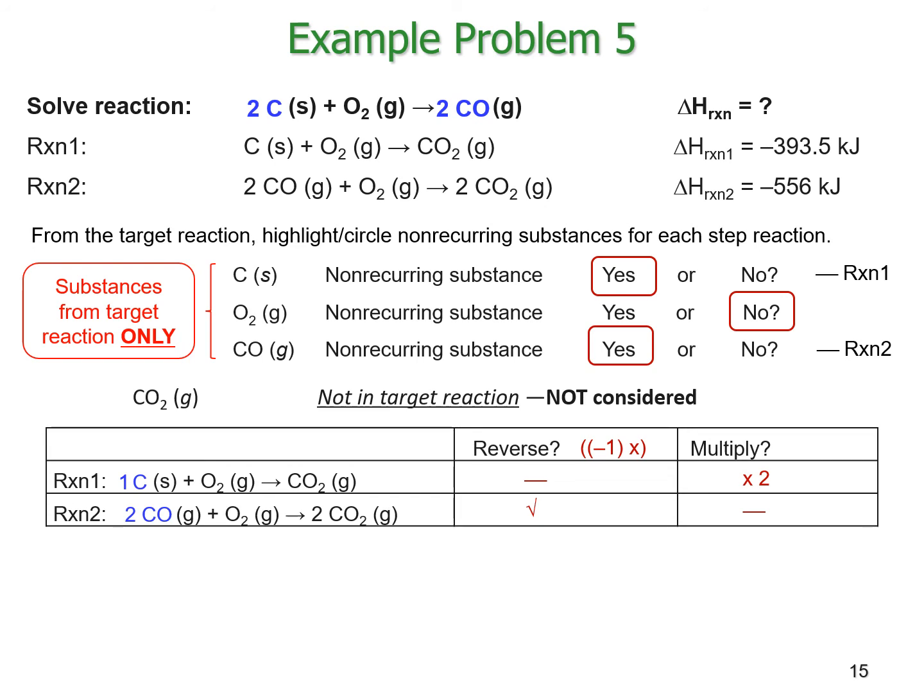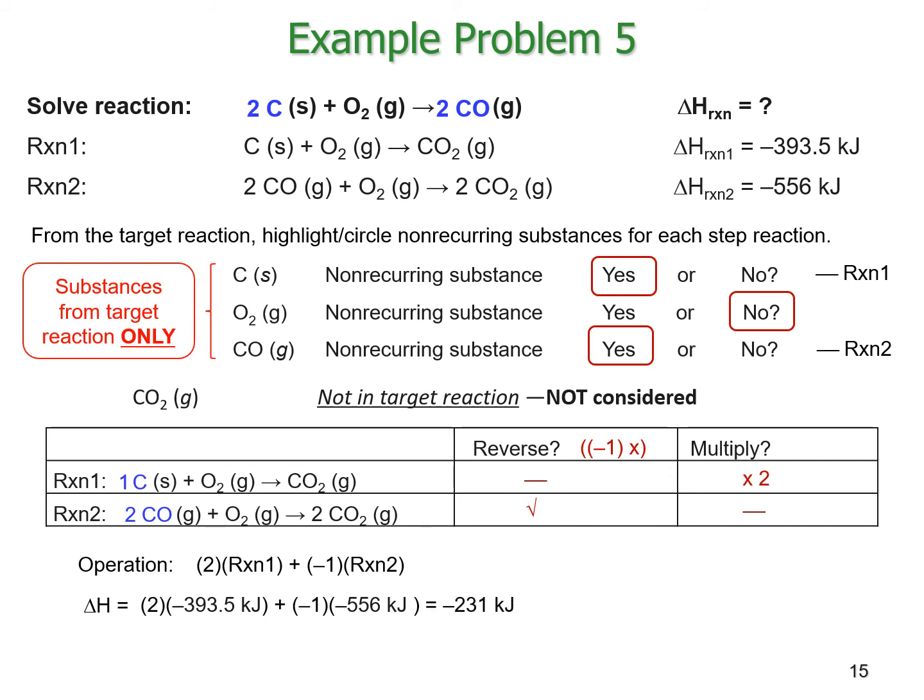For the second reaction, we're going to multiply the second reaction by -1. So this is the operation that we're going to do, and we're going to do exactly the same with those delta H values: 2 times delta H of reaction 1 plus -1 times delta H of reaction 2.